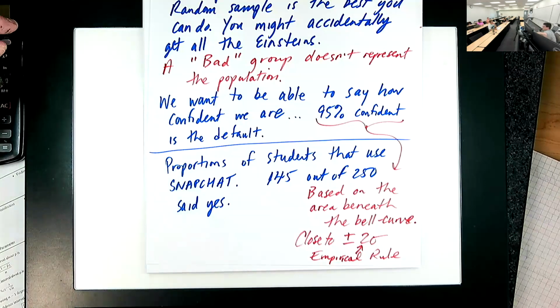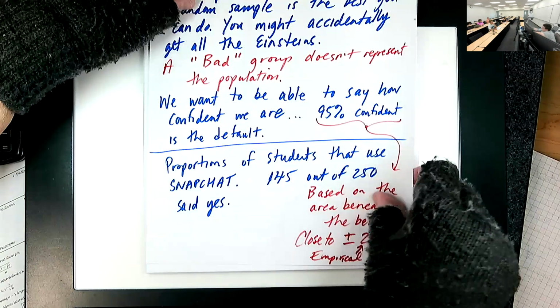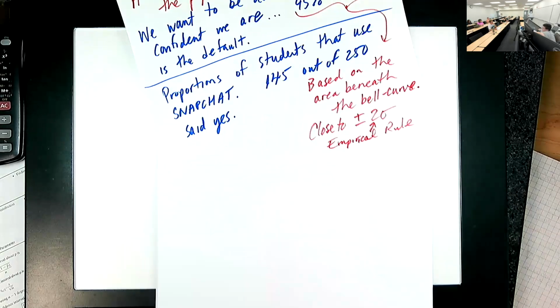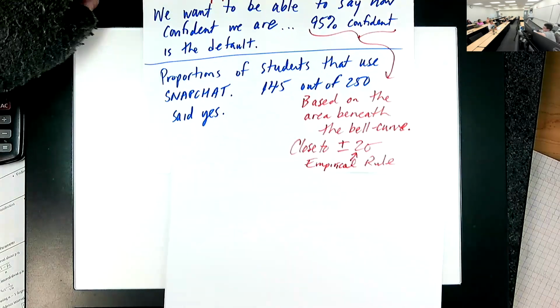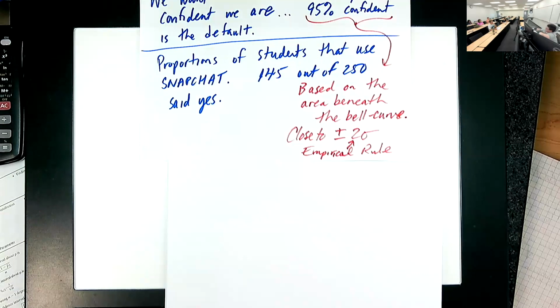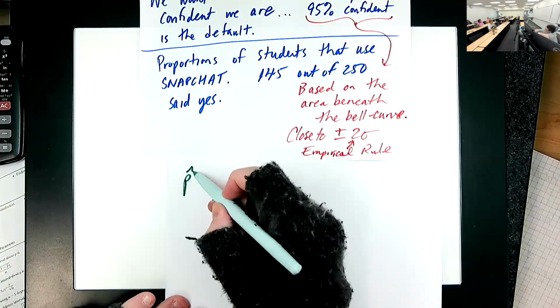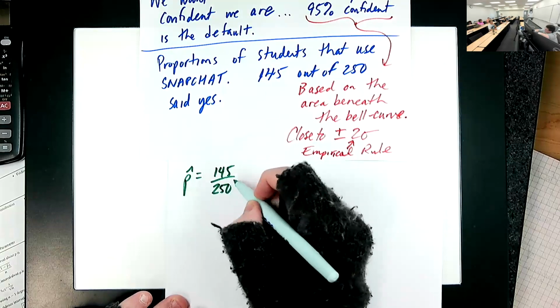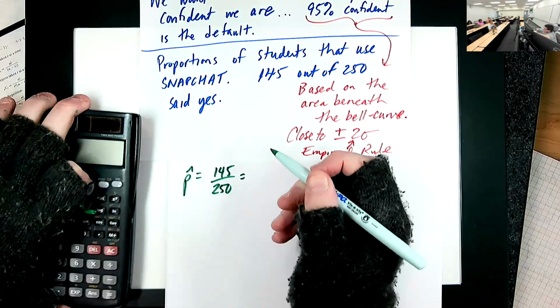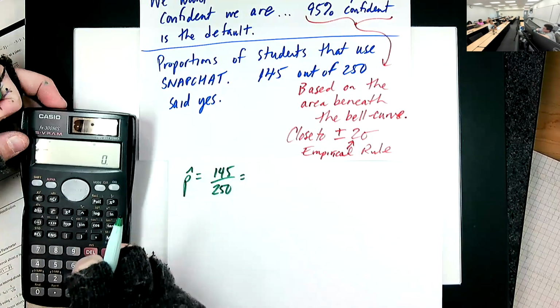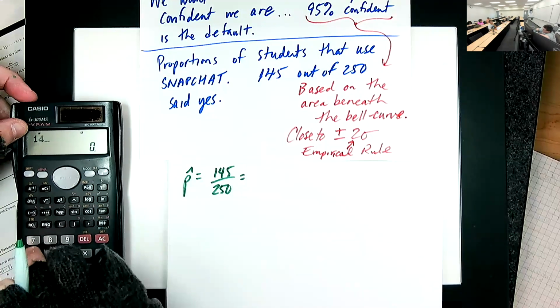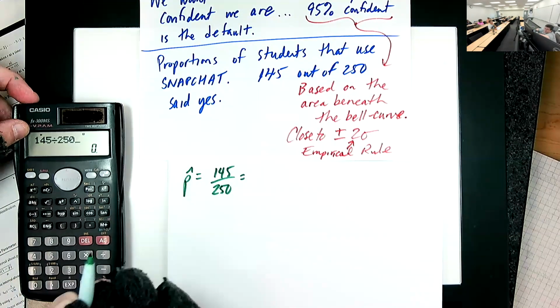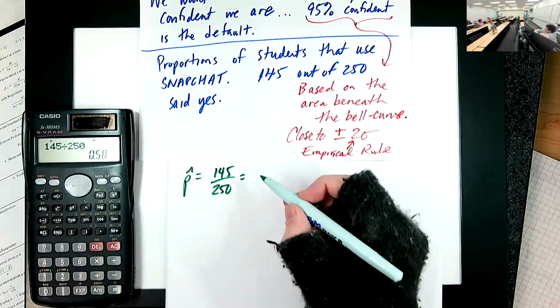What is my p here, real quick though? I have 145 students out of 250. My p hat is going to be 145 out of 250, which is 0.58.